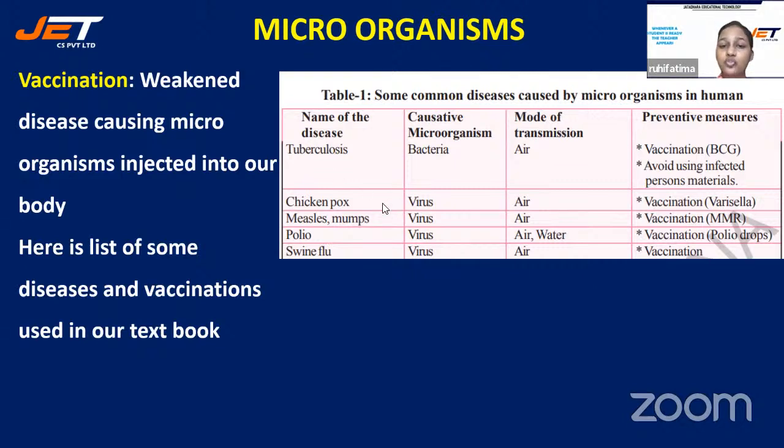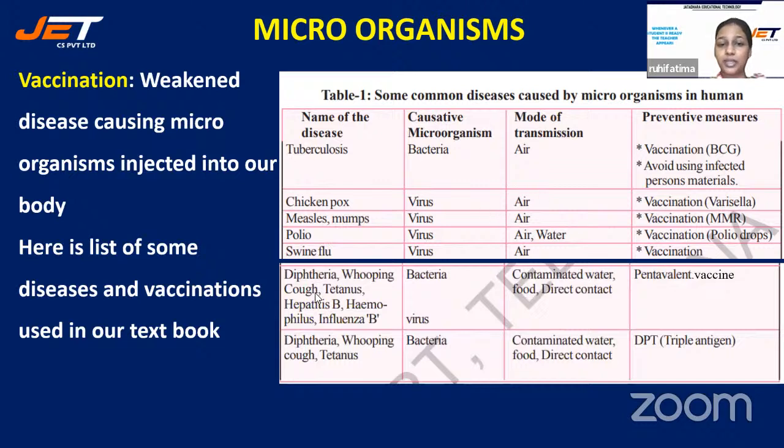There are many other diseases, and mostly the mode of transmission is air, but water and contaminated food are also modes of transmission. Sometimes when you use an infected person's material, infection may also enter your body.